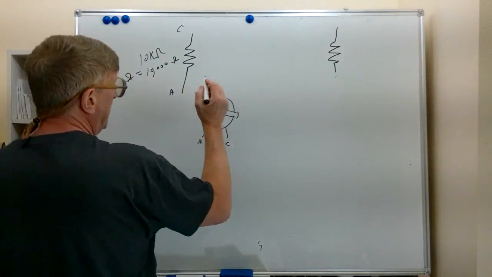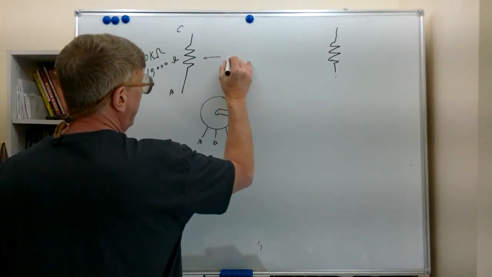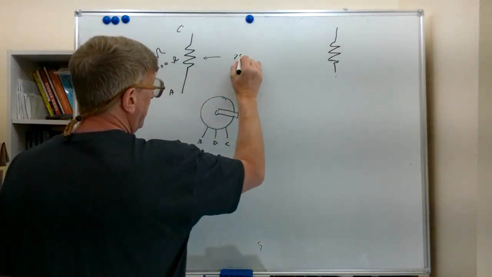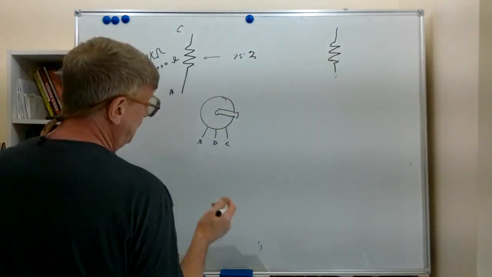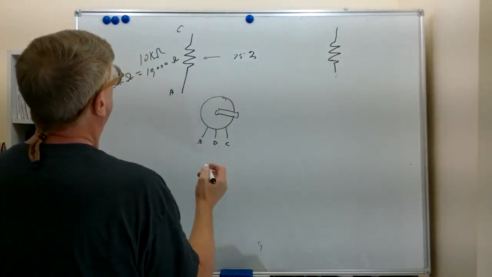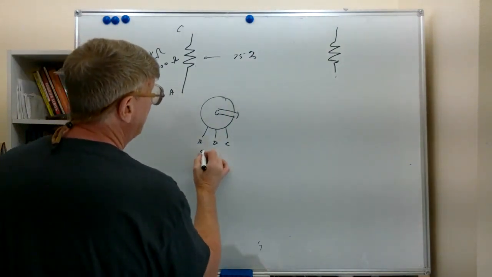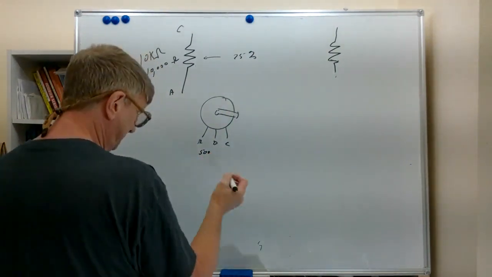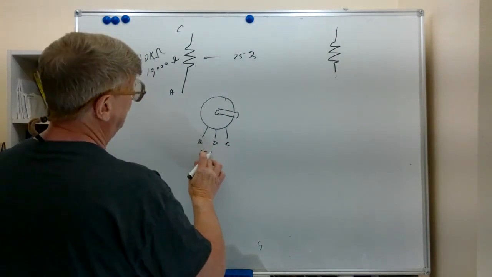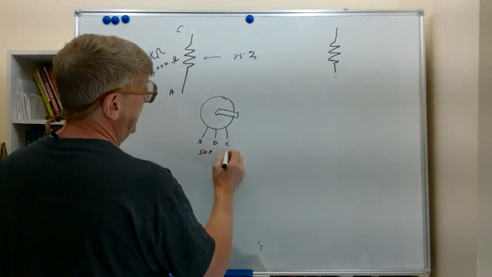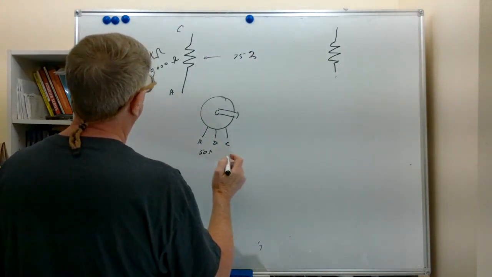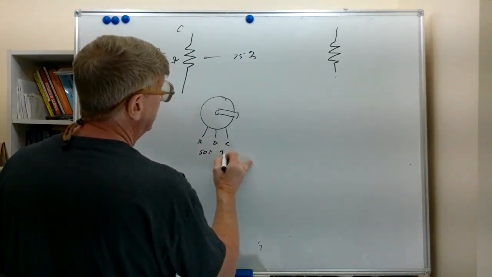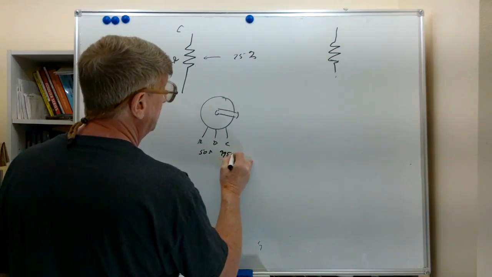Maybe we go from 0 to 25% on the wiper, but maybe we go to only 5% here. Maybe we have 550 ohms here and the remaining 9,950 ohms here.